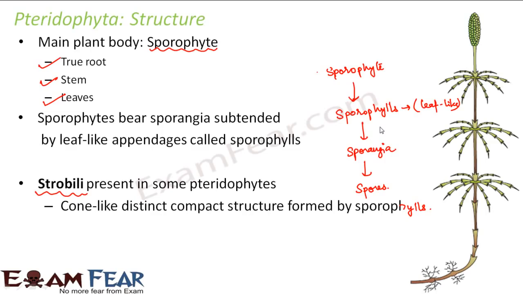Strobili are not present in all pteridophytes. In some places the sporophylls are individual leaves, but sometimes they join together to form a compact structure called strobili. Examples of plants where we find strobili are Equisetum and Selaginella.